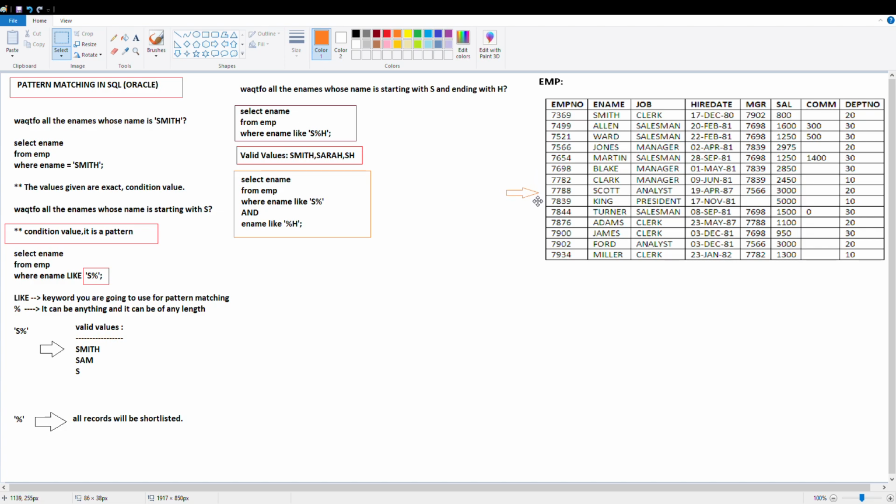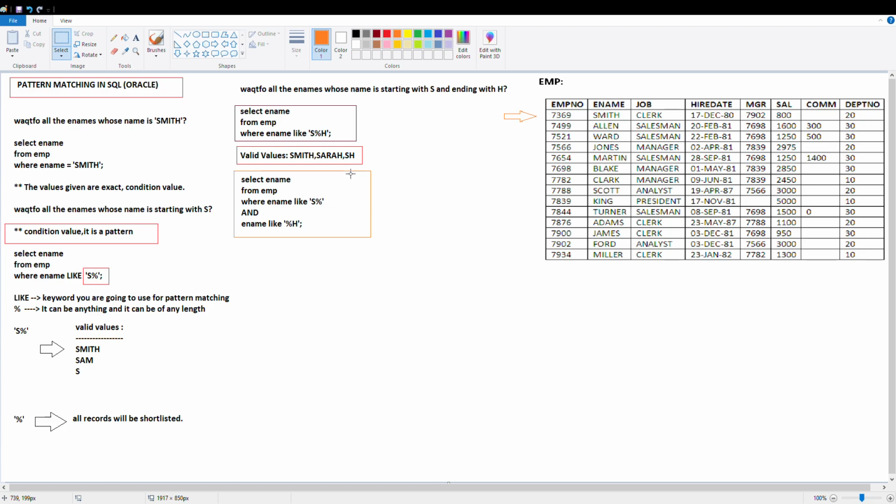First condition satisfied. Is it satisfying the next condition? Is it ending with H? No. So out of these 14 records, how many will get shortlisted? Only one record, the Smith record. But in case there was a Sarah here, Sarah also would get shortlisted. If there is an SH somewhere in this record, SH also will get shortlisted.